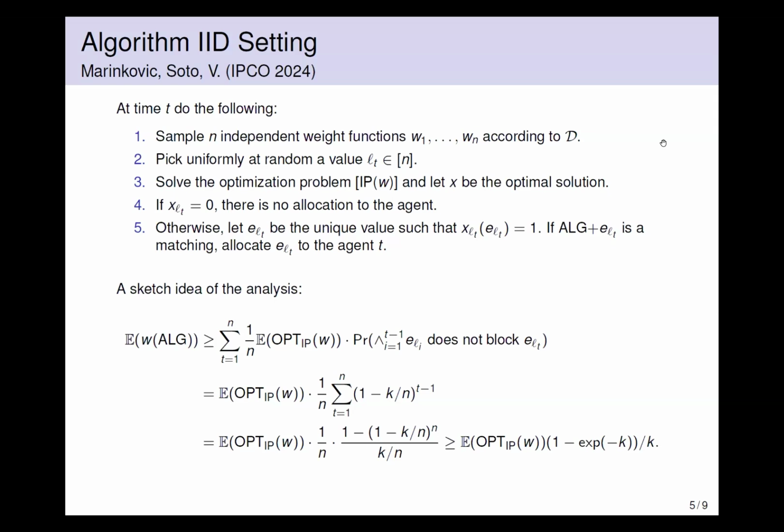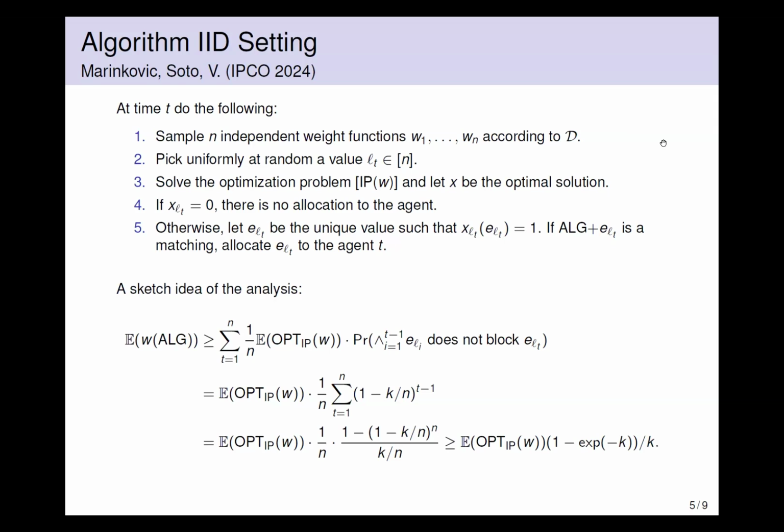Okay, so then let me elaborate about the total weight of the algorithm. I will split it according to the time steps, from t equals 1 up. And then essentially, the contribution of the weight of the hyperedge allocated at time t.